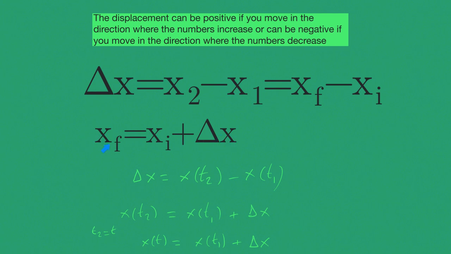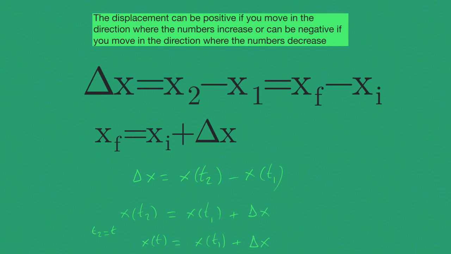So the final money that you have is your initial money plus the change. And the change can be a deposit or maybe a withdrawal, so you withdraw some money. So the change in x is what makes x initial change and become x final.